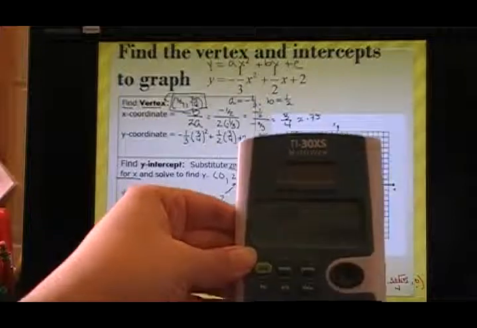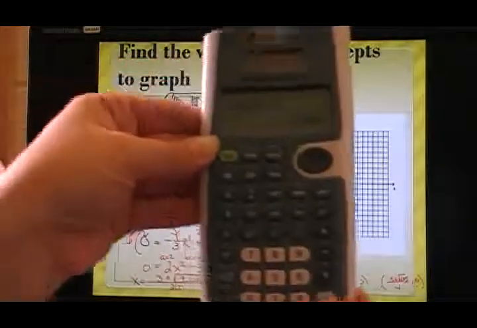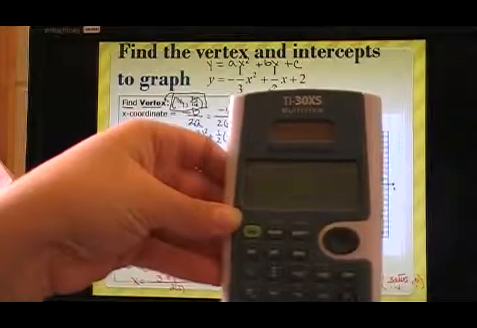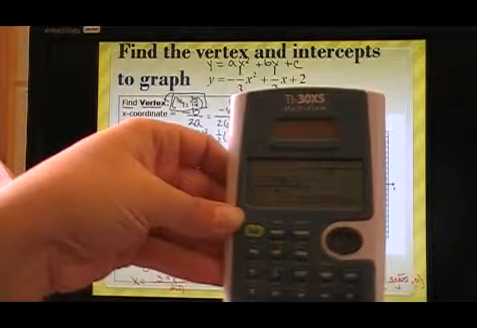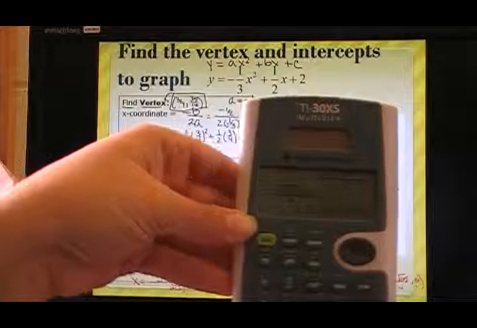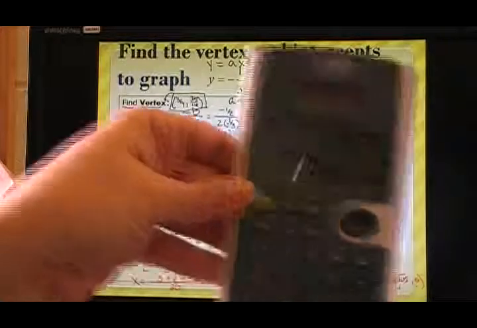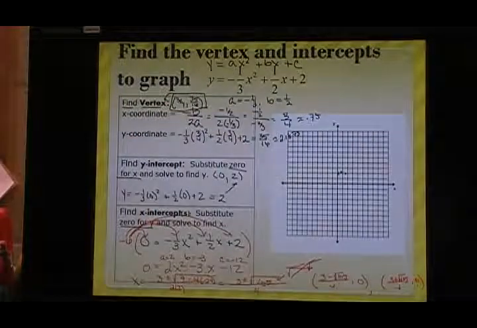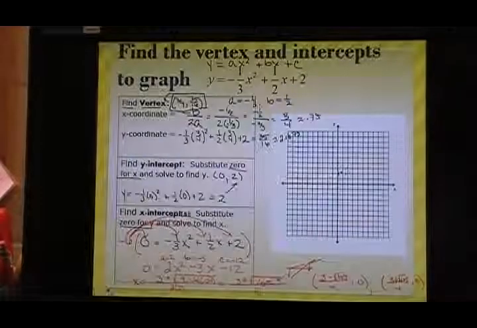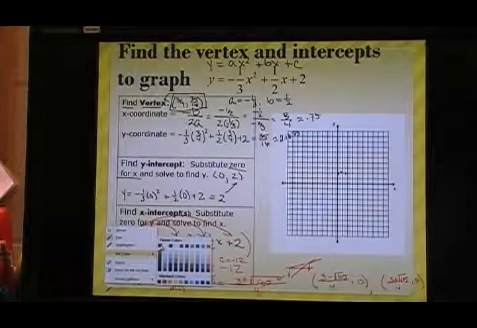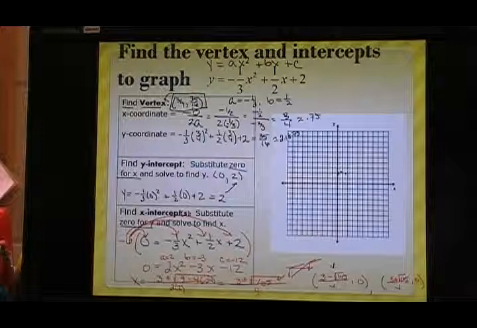But if you want the decimal approximation, if you hit these double arrows here, it'll convert that into an approximated decimal. So that's at approximately negative 1.8.